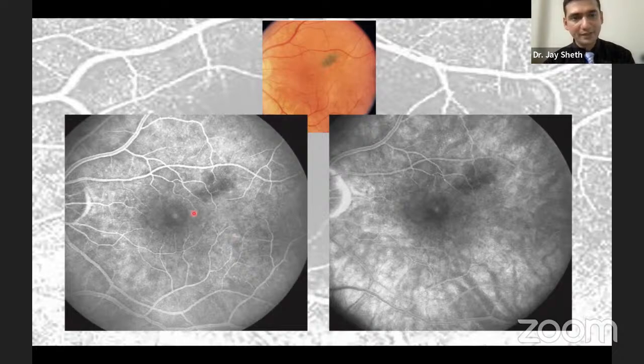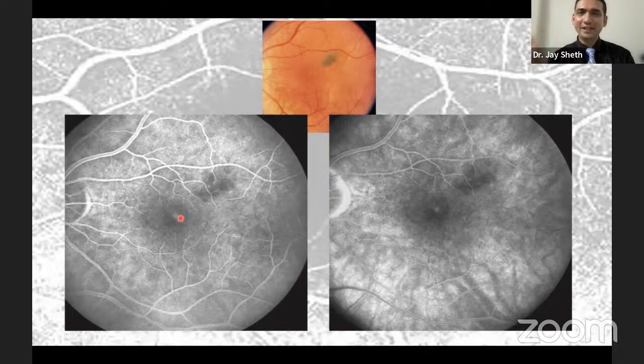The main thing in a window defect is that the hyperfluorescence appears in the early phase and stays the same size. The size will not increase, but the intensity keeps reducing. Why does the intensity reduce? Because the dye is gradually recirculated and goes out of the circulation.